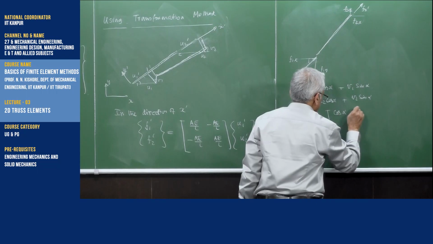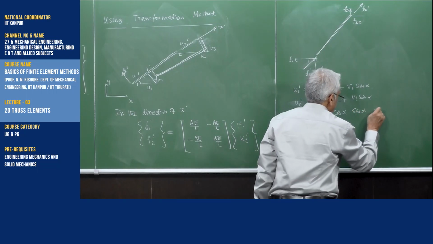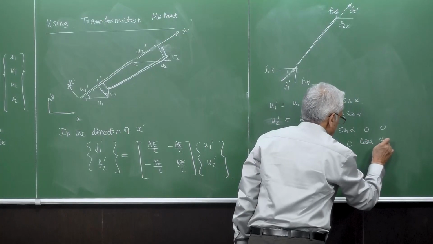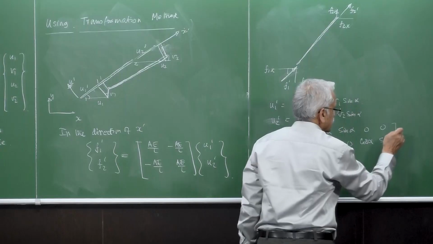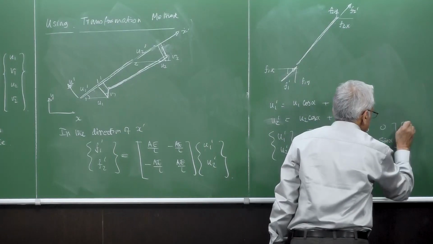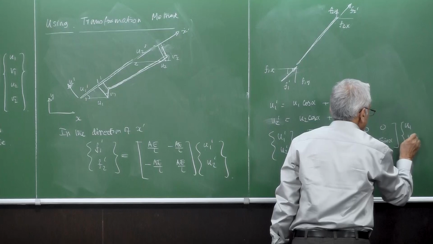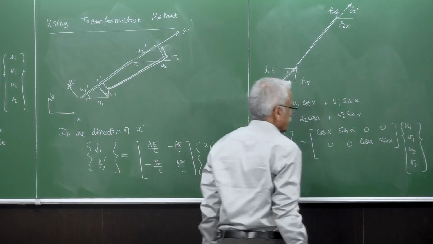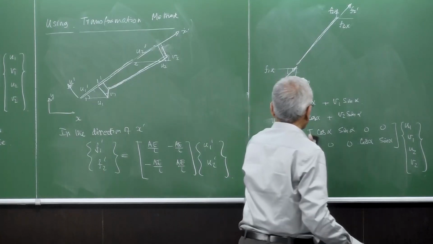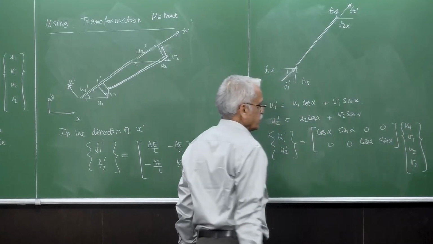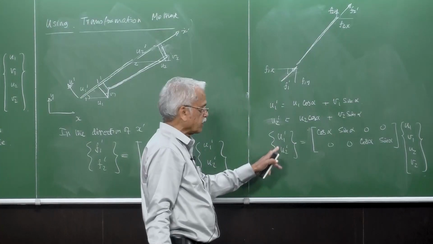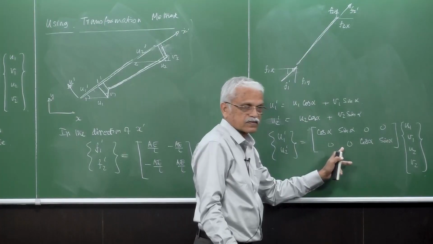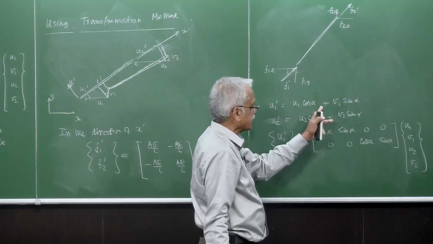So what we have here, we can write in the matrix form. If you know U1, V1, U2, V2, you can get U1 prime and U2 prime by multiplying this with this matrix, which resulted from this equation.